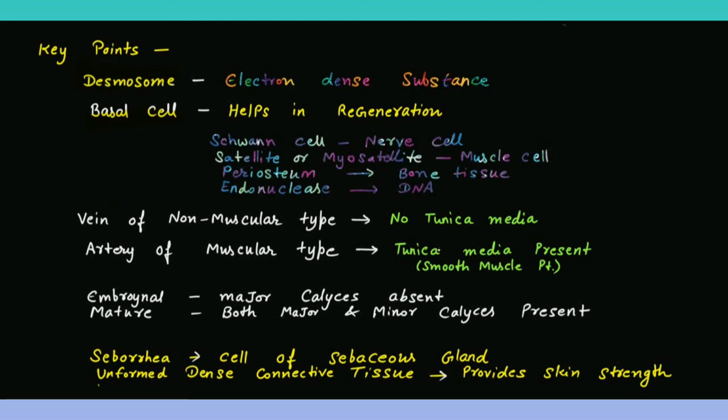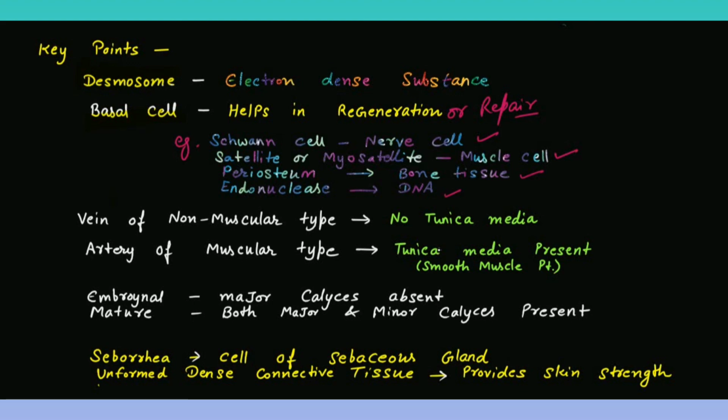For example, the Schwann cell helps in the repair of nerve cells. Satellite or myosatellite cell, muscle cell, periosteum, bone tissue, endonucleus, DNA regeneration or DNA repair.